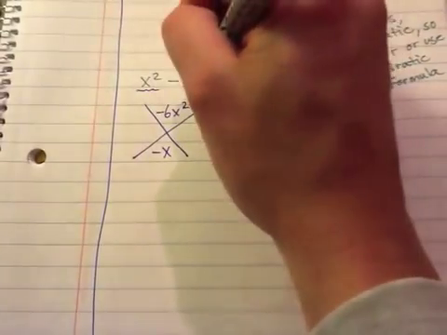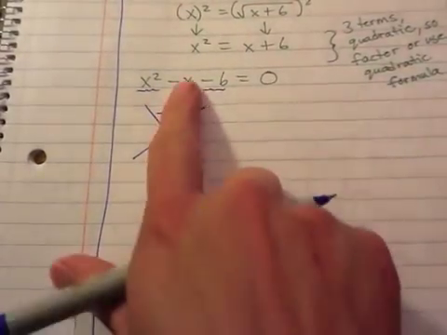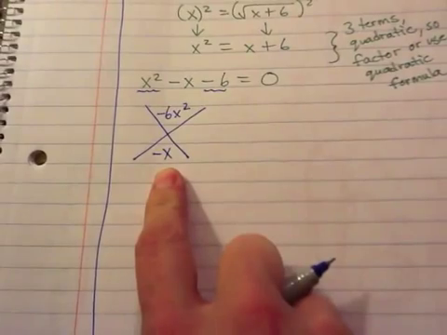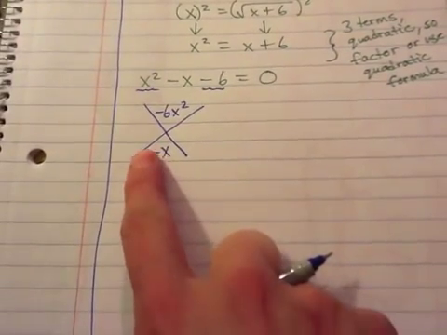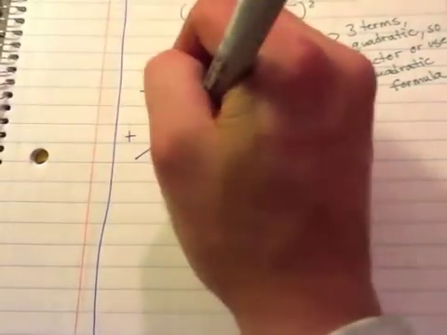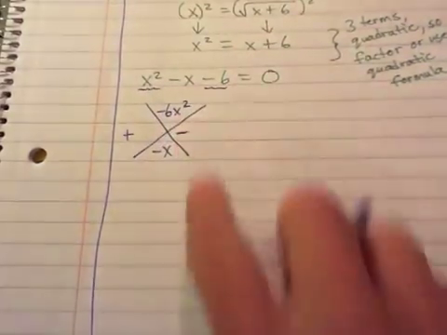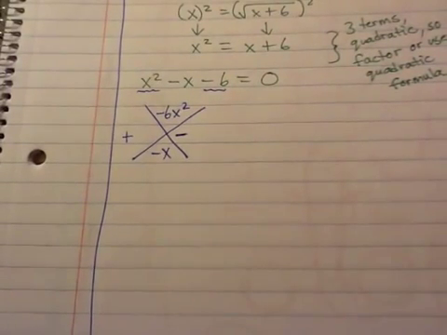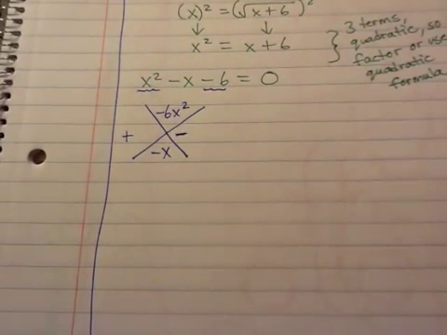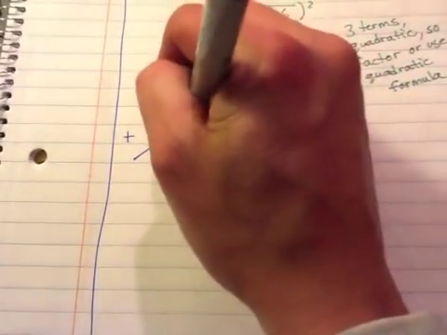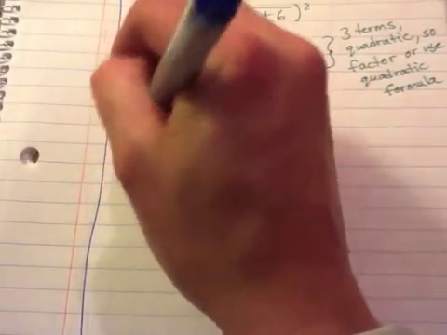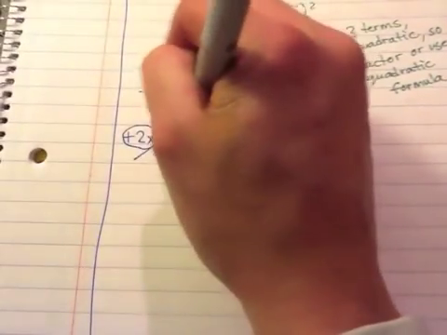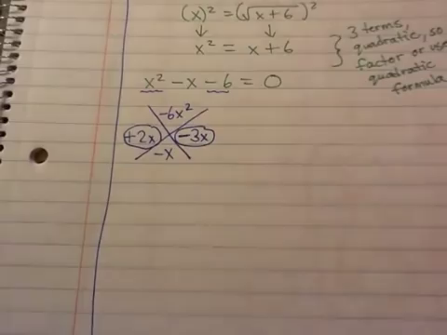So all I did was multiply those first and last terms, bring the middle down. What multiplies to be a negative 6 and adds to be a negative 1? I know I have one positive and one negative to get a negative up there. And you probably came up with negative 3x and a positive 2x. These are the terms that are going to replace the middle.